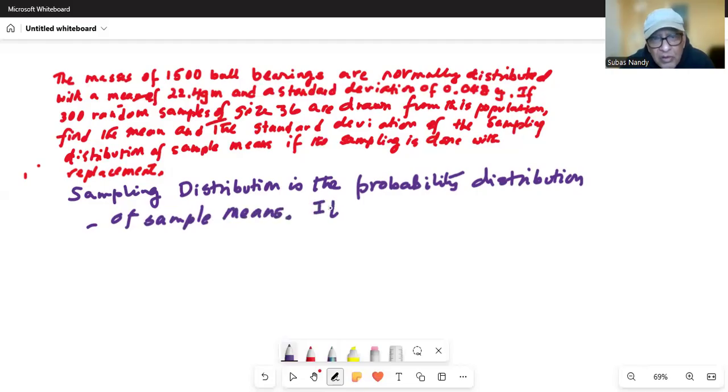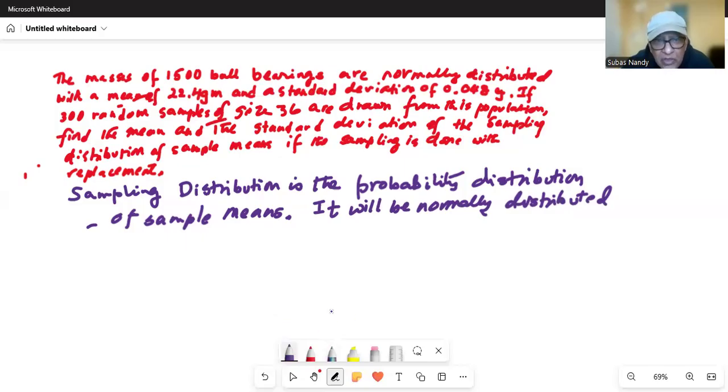It will be bell-shaped, it will be normally distributed. Why? Because the sample is coming from a population which itself is normal. Okay, that's told in the problem.